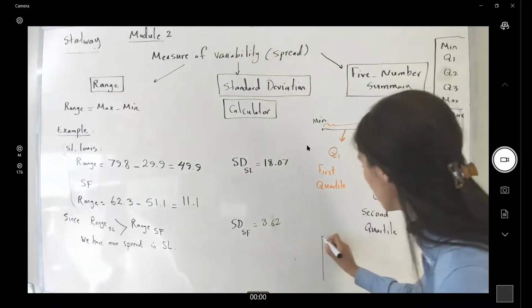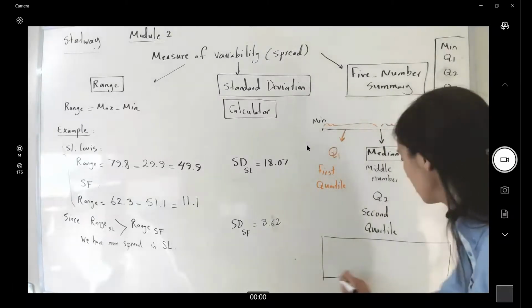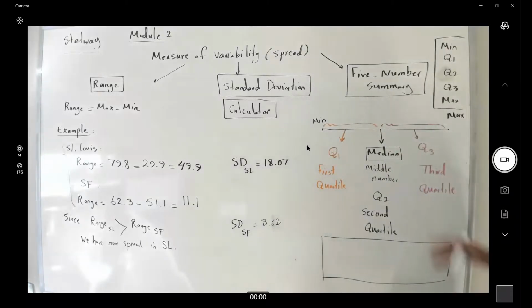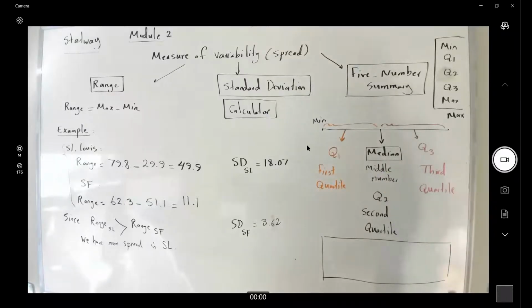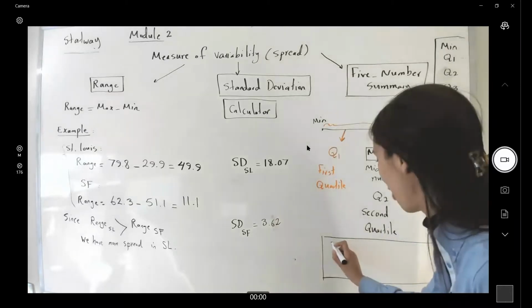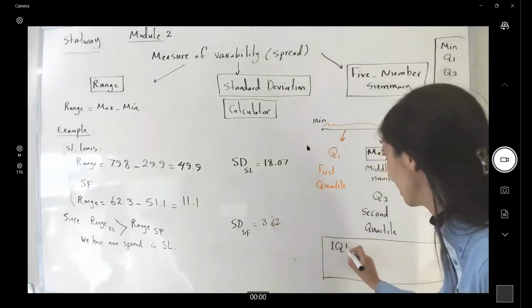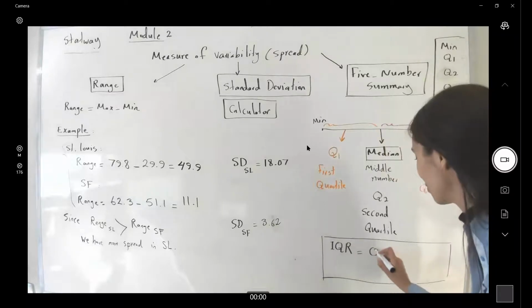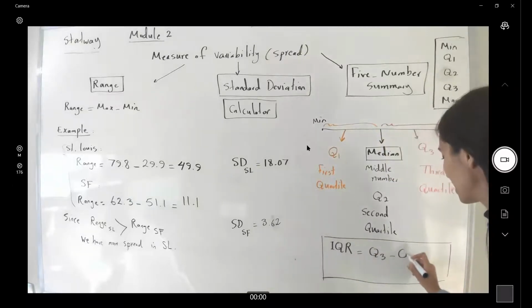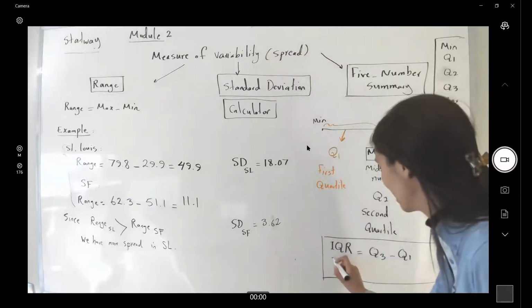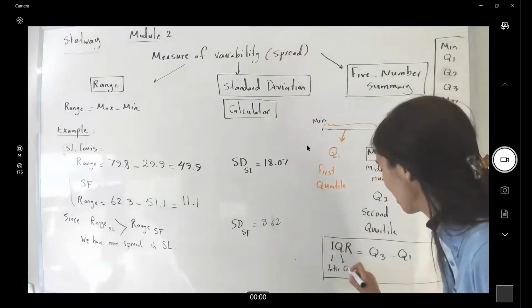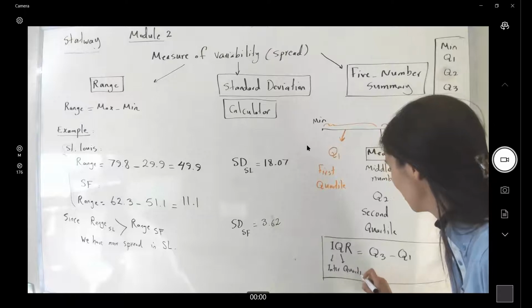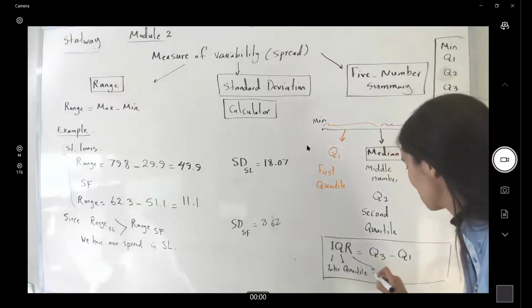It's very popular to find the difference between the third quartile and the first quartile, and they call it the interquartile range, IQR: Q3 minus Q1.